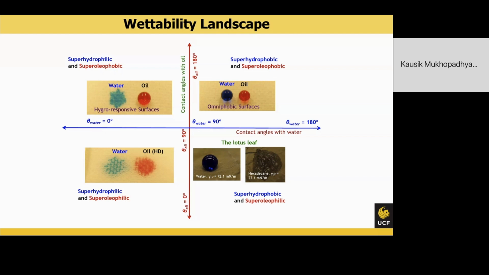These types of surfaces or membranes can be used for oil-water separations. And I think the easiest of them is the one surface that absorbs both water and oil. We have seen a lot of applications of these wettability landscapes in our day-to-day lives as well, including cooking pots and pans. Next slide, please.